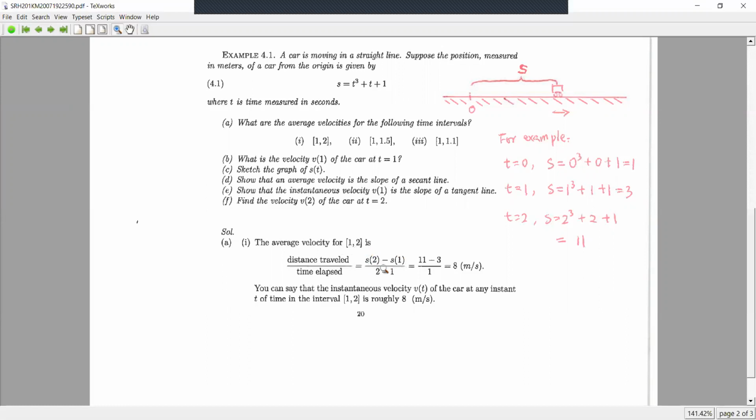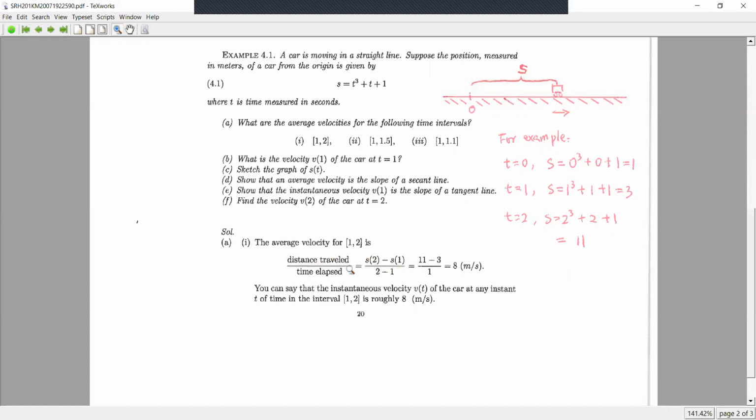Function value at 2 is 11. Function value at 1 is 3. So 11 minus 3, 8 meters. So in this time interval, the car has traveled 8 meters.